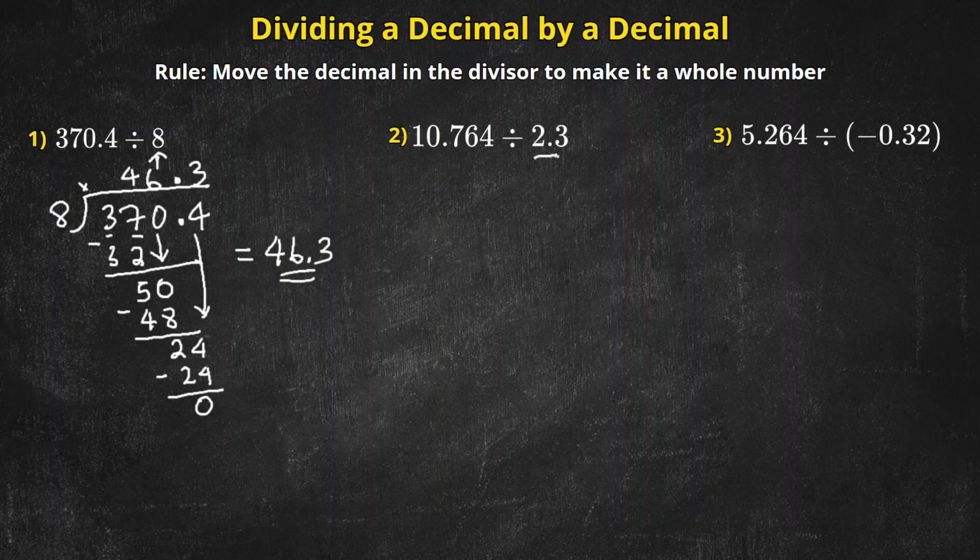Now, let's look at the dividend. Is it a whole number? No, it's not. So you need to convert it to a whole number. You need to move the decimal place towards the right one place. Now it becomes 23. Now it's a whole number. Now, whatever you do to the dividend, you need to do to the divisor.